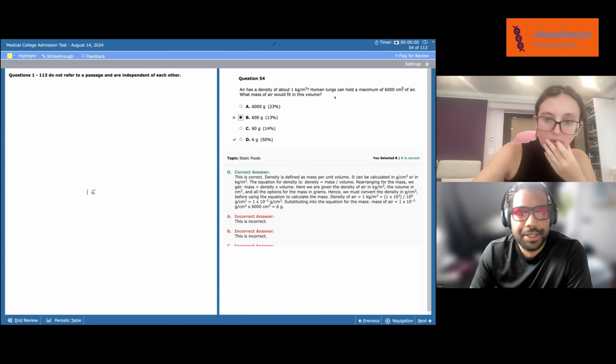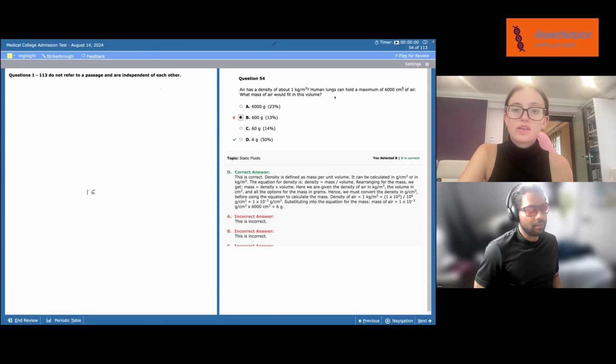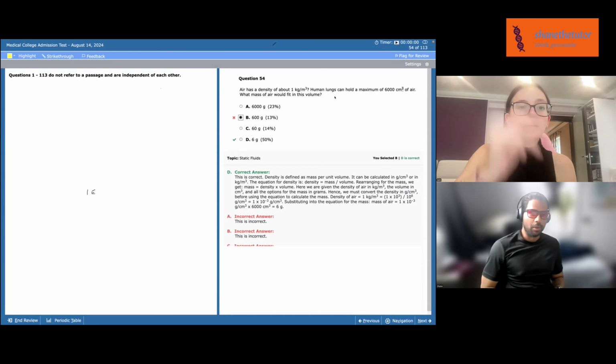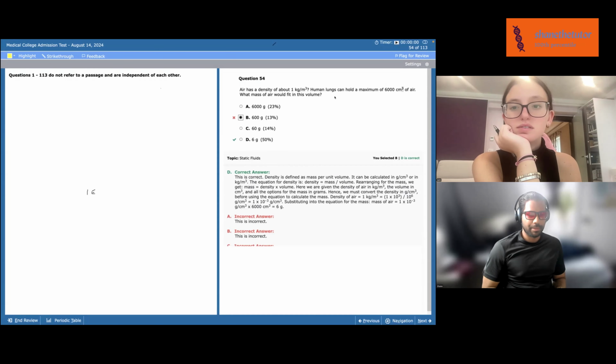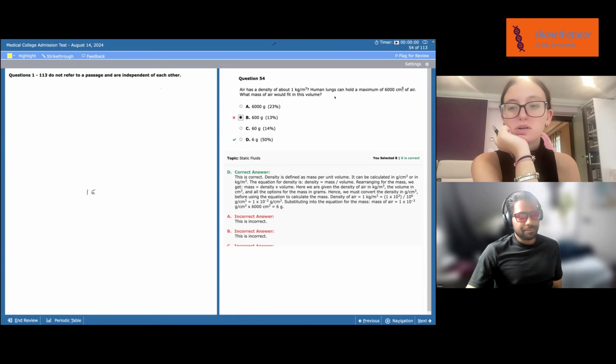Okay, you're right. So let's decide what unit to convert into, cubic meters or cubic centimeters. Wouldn't meters be better? Okay, let's do that.